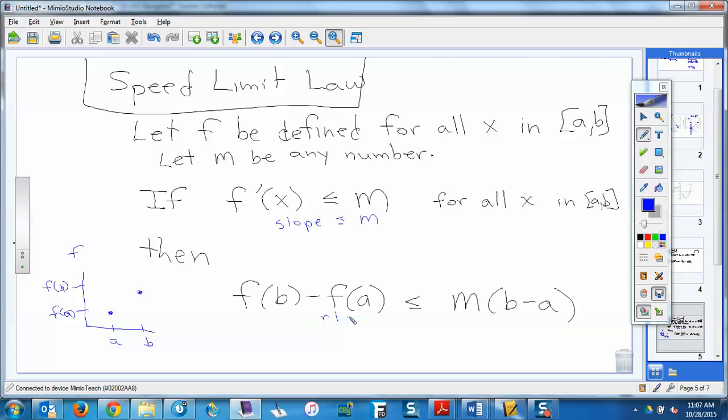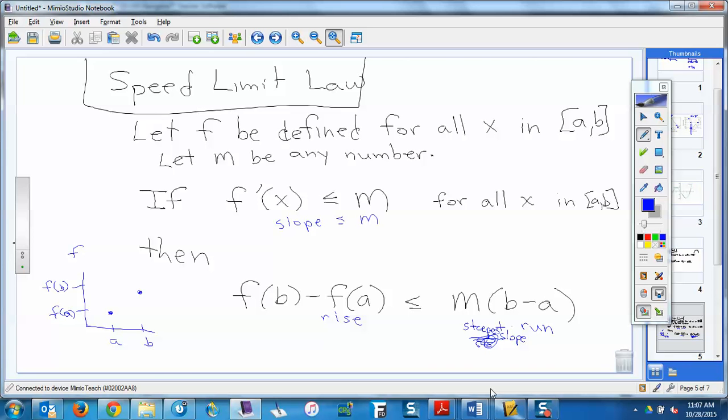So I'm going to think of this side as the rise. Okay? And then what would b minus a be? The run. And then we said m is like the steepest slope, right? So this side would be like the most.